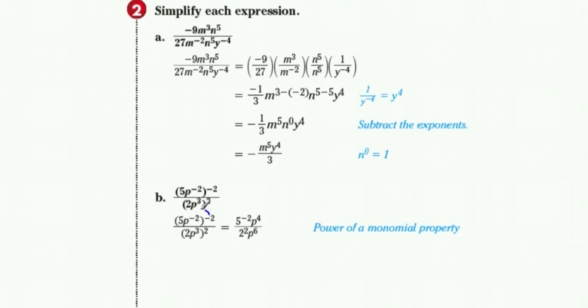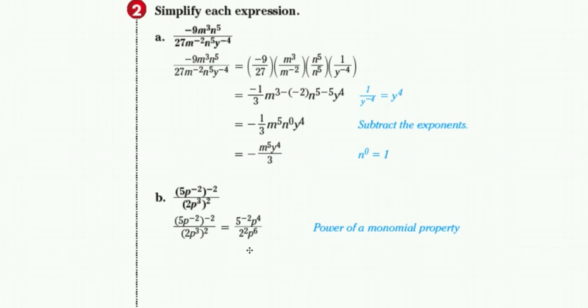Distribute negative 2 to 5, distribute negative 2 to negative 2, distribute 2 to 2, and distribute 2 to 3. So this becomes 5 to the negative 2, and negative 2 times negative 2 will give you a positive 4. 2 to the second power, and 2 times 3 will give you 6. Again, power of a monomial property.